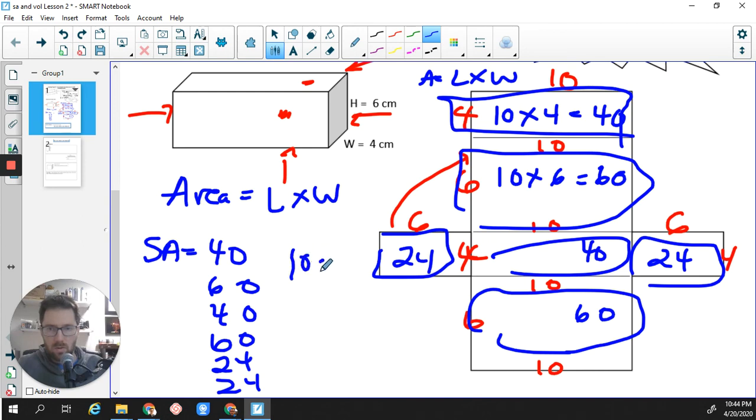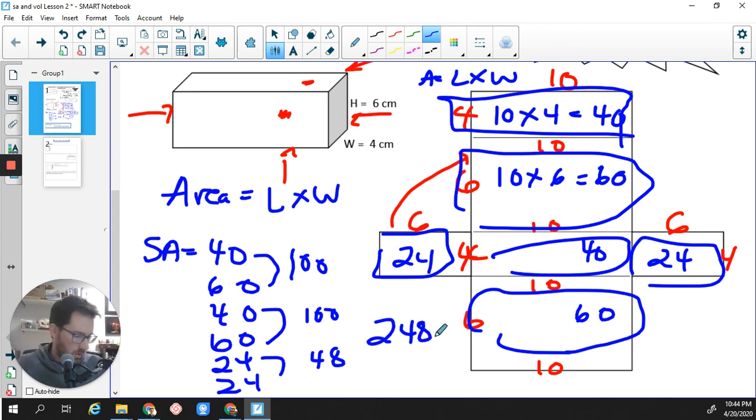So 100. I know 40 and 60 is 100. I know that 24 and 24 is 48. So I can just do that to be 248. Okay. So 248 done. No, wrong. 248 centimeters done. No, centimeters squared. So the surface area is 248 centimeters squared.